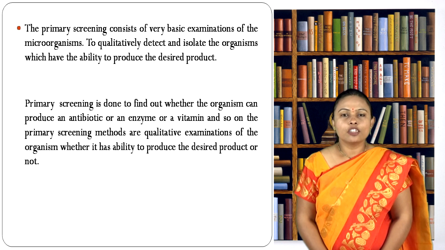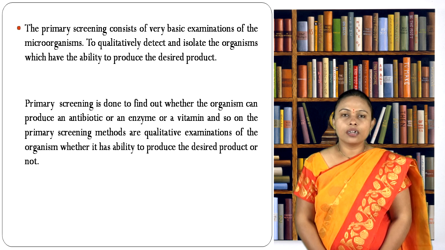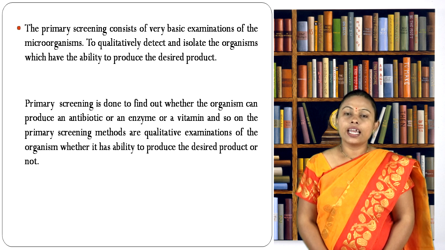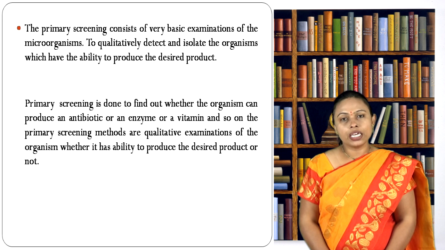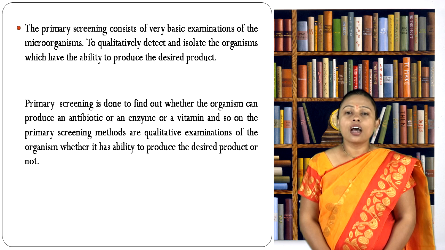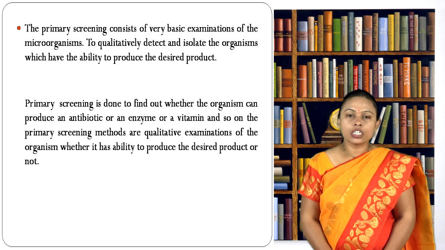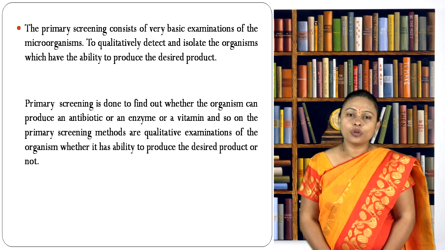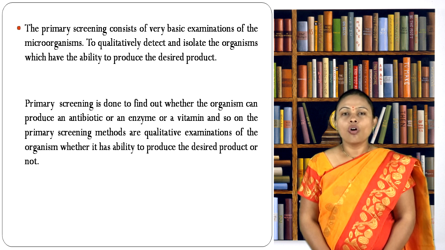Primary screening is performed to find out whether the organism can produce an antibiotic, an enzyme or a vitamin or any other economically important product. The primary screening methods are qualitative examinations of the organism, whether it has the ability to produce the desired product or not.